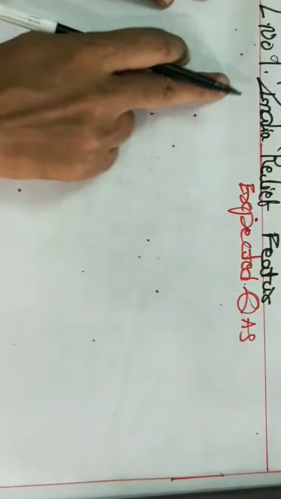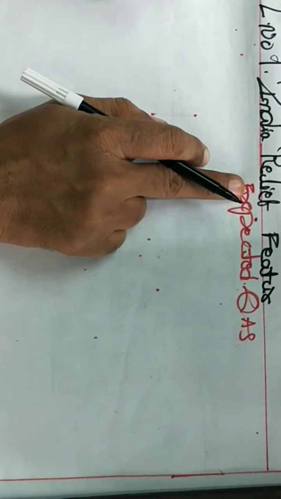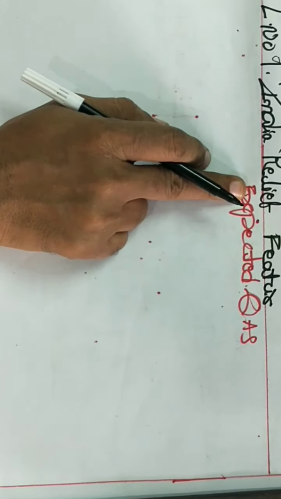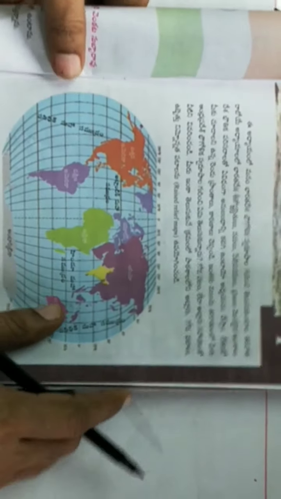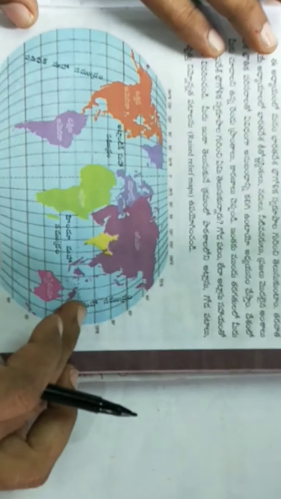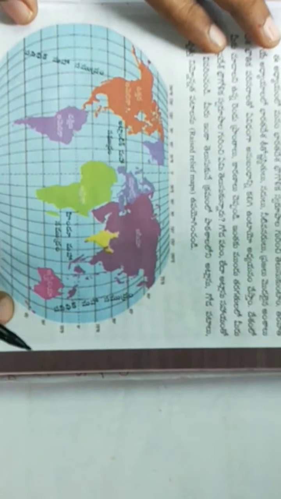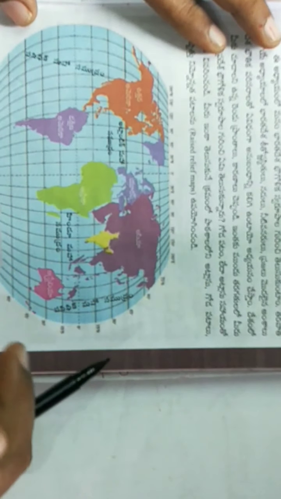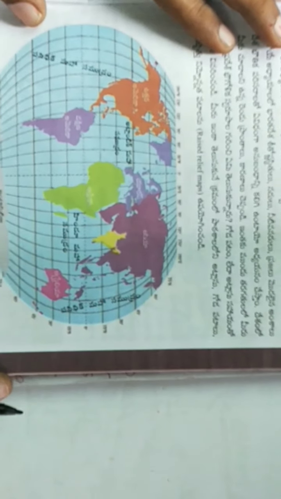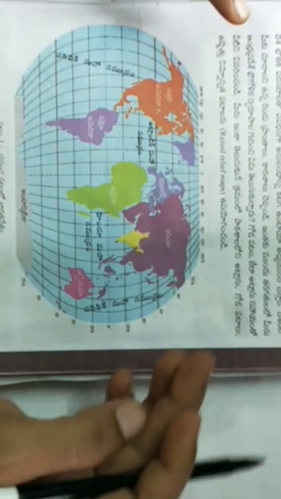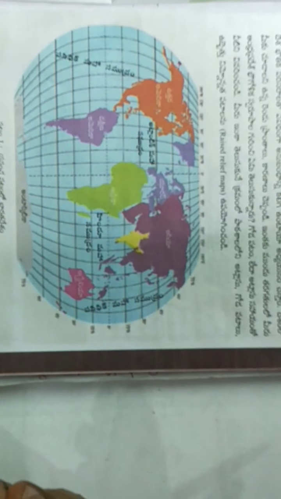Right, from this India's relief features, which is a geography lesson, the most expected question for 2 marks is from our textbook. A map is there that is called world map or globe. In this world map, they will give this world map and they will ask a question: write few lines about India's location, or write few lines about India.